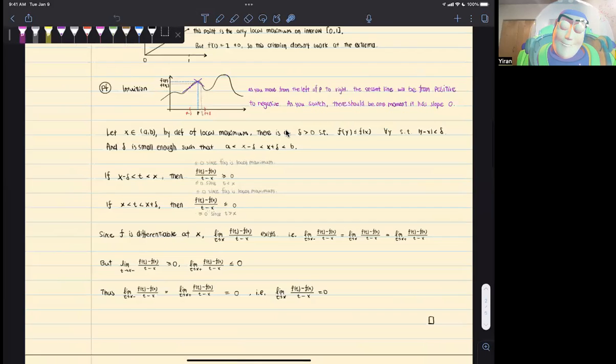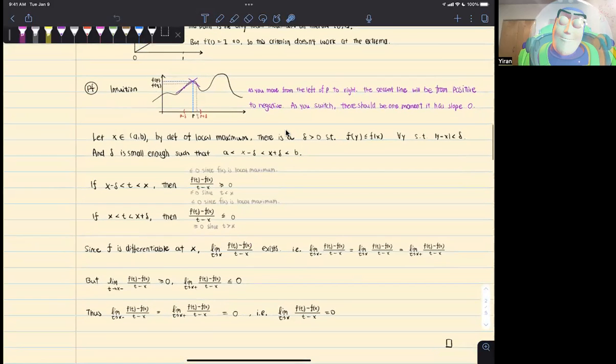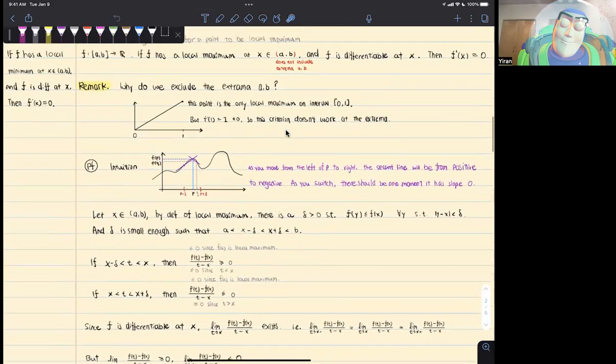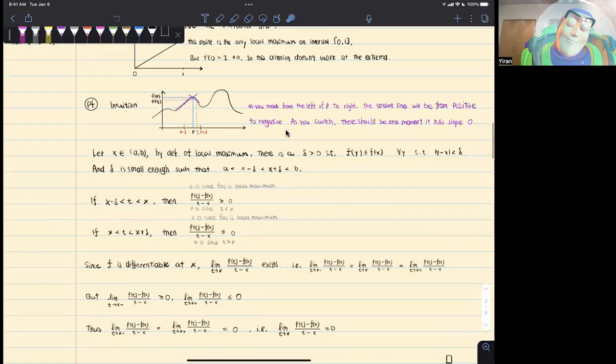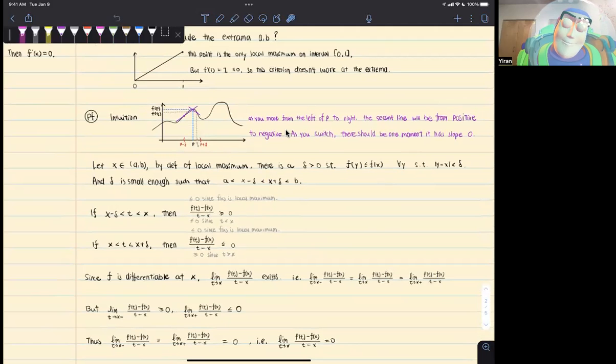Now let's prove rigorously why the statement is true. So let's give a proof. The intuition is very simple. Again, recall the definition of derivative.